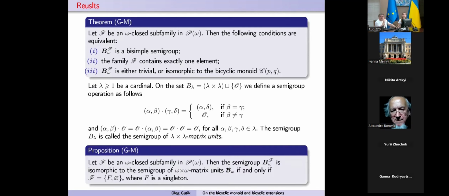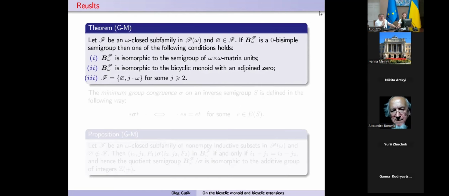Then this semigroup will be isomorphic to the semigroup of matrix units, countable semigroup of matrix units, and the following statements hold. When is such an extension zero-bisimple?